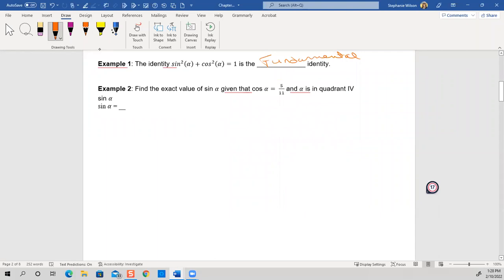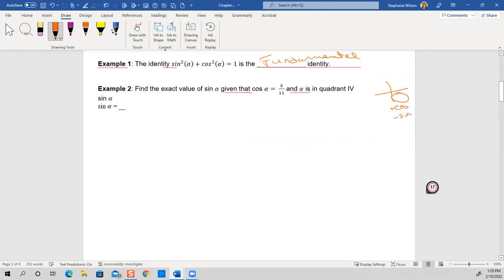Let's do example 2. Example 2 says find the exact value of sine alpha given that cosine alpha is 5/11 and alpha is in quadrant 4. So that tells me, if alpha is in quadrant 4, then I know that cosine is positive and I know sine is negative.